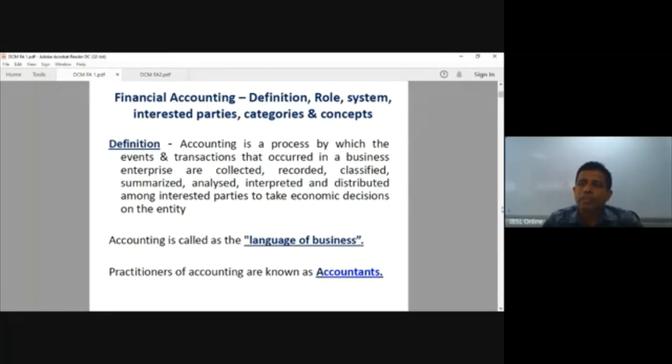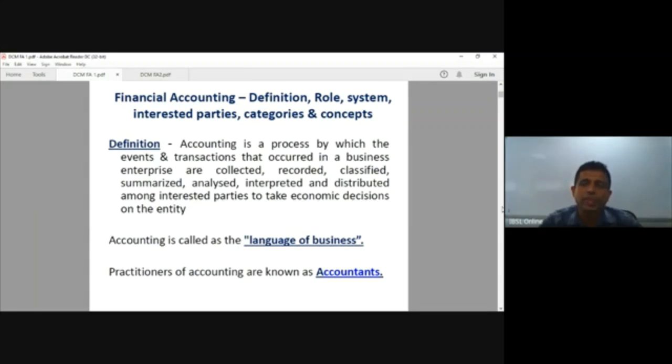Therefore, according to the definition, there should be a process or a system. While it is operating, it should collect, record, classify, summarize, analyze, interpret, and distribute the results among the interested parties. The whole process is called accounting.